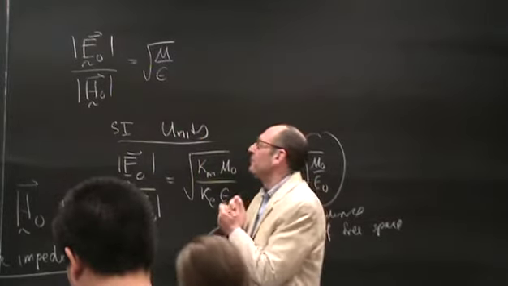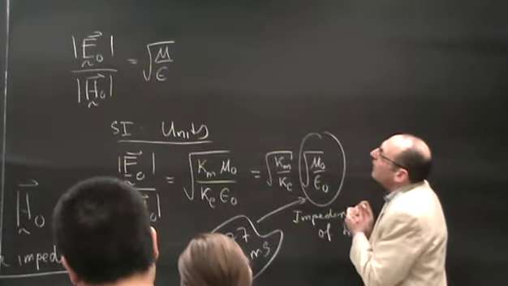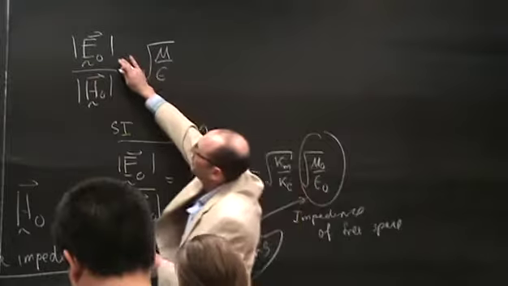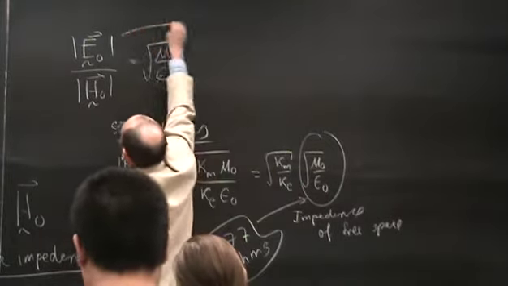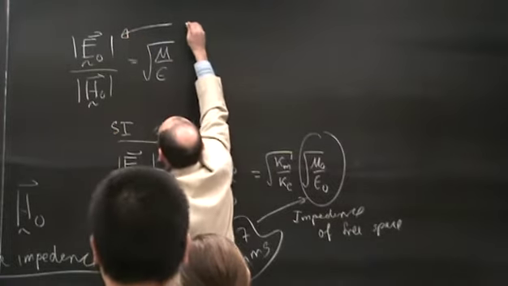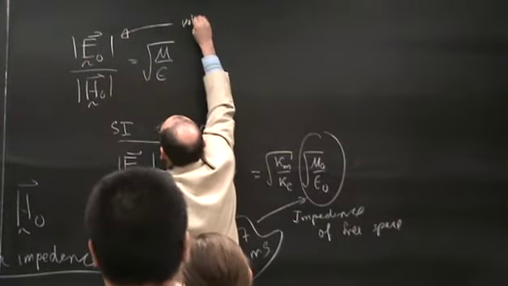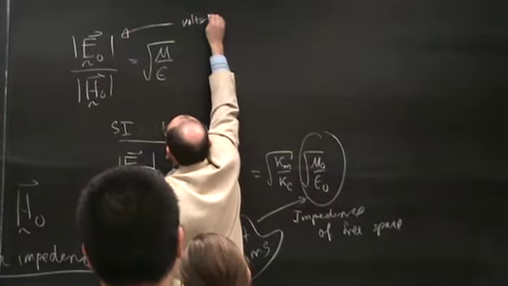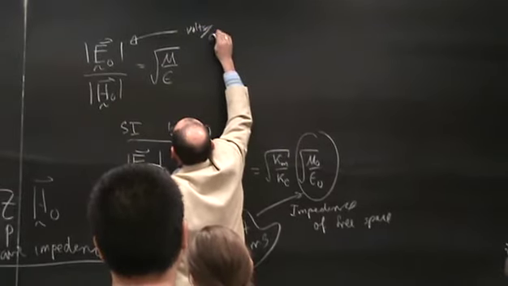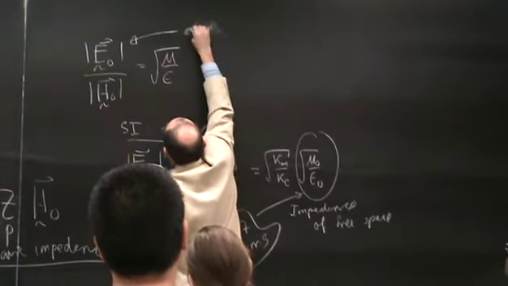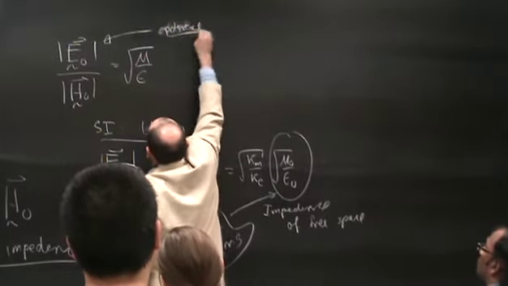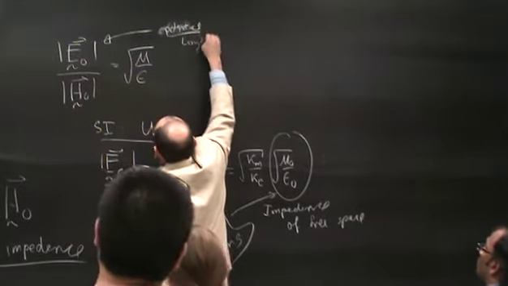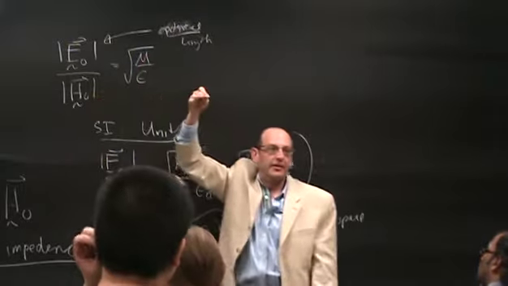Okay, but one way to understand this relationship, the ratio of the amplitudes, is that the electric field is something like volts per distance, or potential per unit length, right? That's the units of electric field.